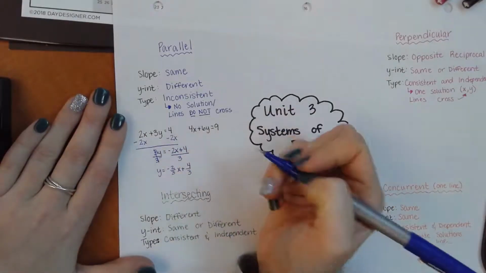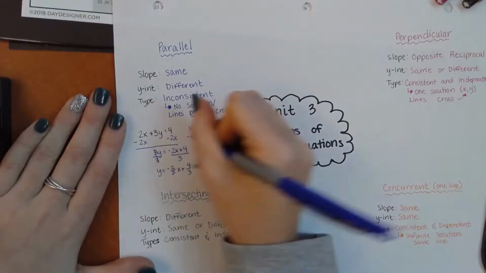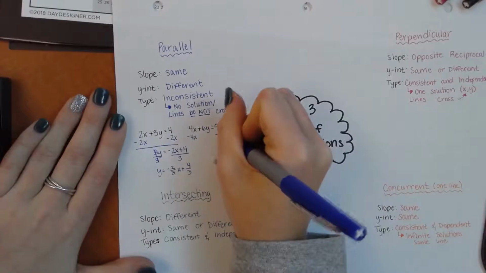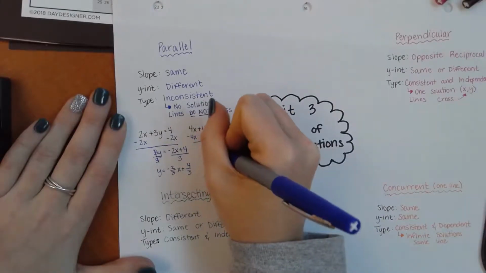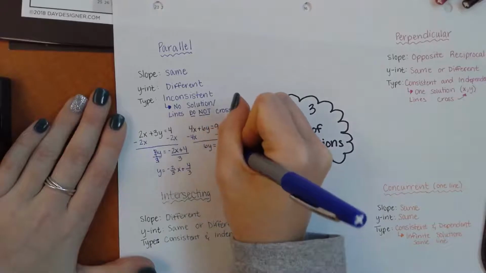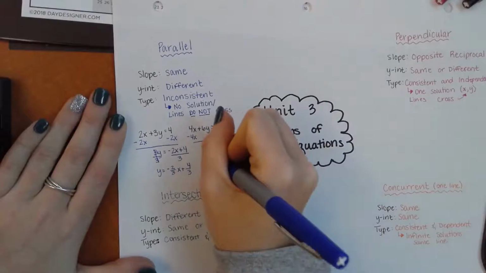And then I'm going to do the same thing over here. So I'm going to subtract the 4x and divide by 6.